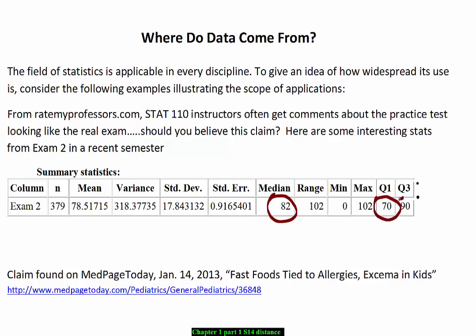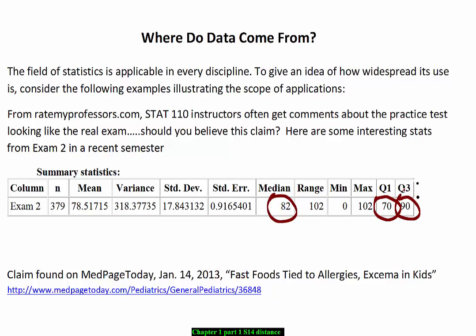Q1 is a 70 and Q3 is a 90. What does Q1 and Q3 mean? Q1 is the first quartile. That is the score in the exam range such that 1/4 scored below it. So Q1 has 1/4 of the scores below it, and then Q3 is similar. Q3 has 3/4 below it.